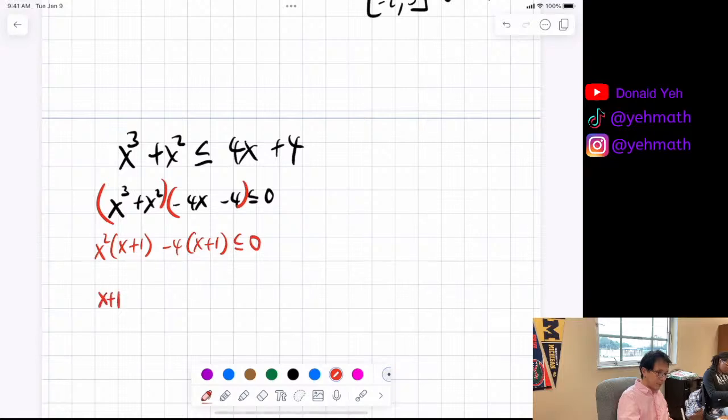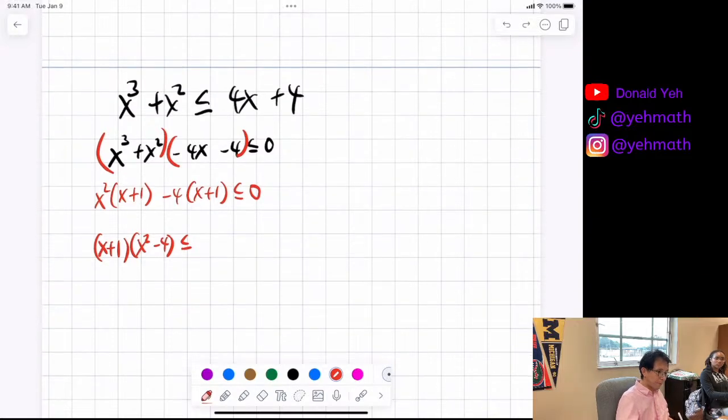And I'm going to get x plus 1 times x squared minus 4 is less than or equal to 0. Did you guys get this part? Just simple factoring. It's nothing abnormal. Can I factor more? Yeah. x plus 2 and x minus 2. Hopefully you see that.